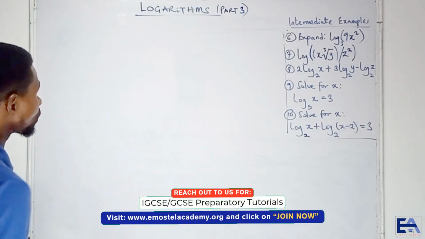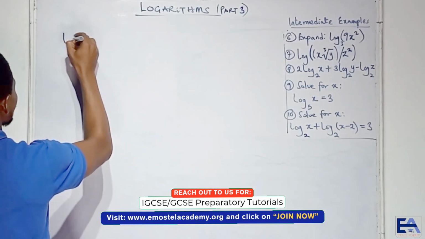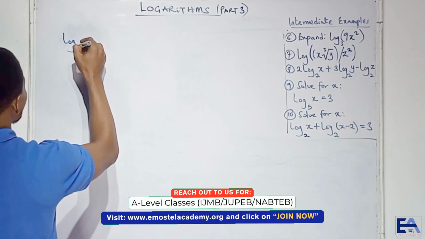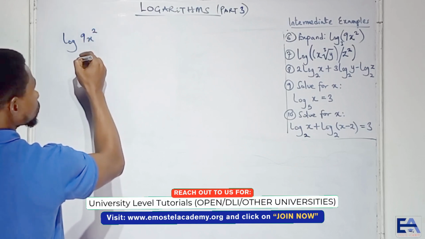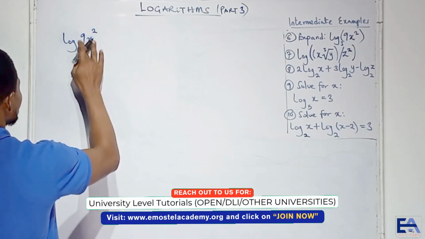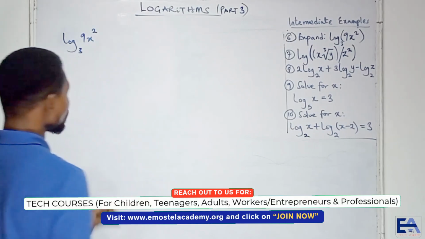Good. So the first question says: log of 9x raised to power 2 to base 3. Like I told you, this is not tough at all.